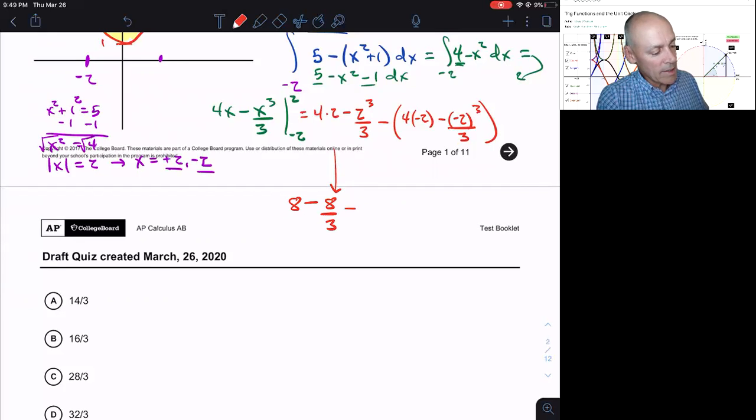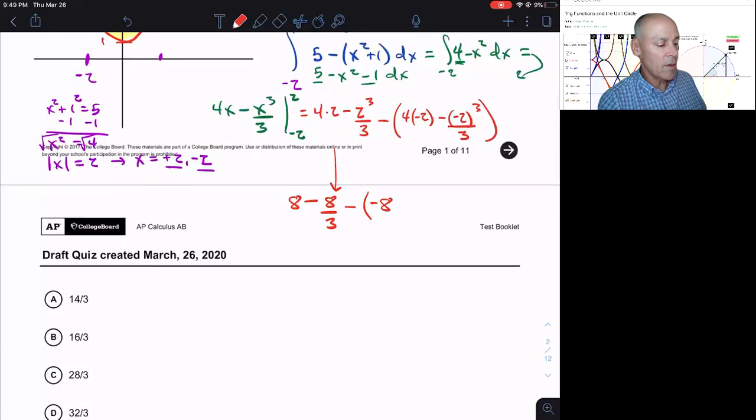Then minus, I have this in parentheses, 4 times -2 is -8, and -2 cubed is -8, so that's -8/3. So minus -8/3 is going to be plus 8/3.